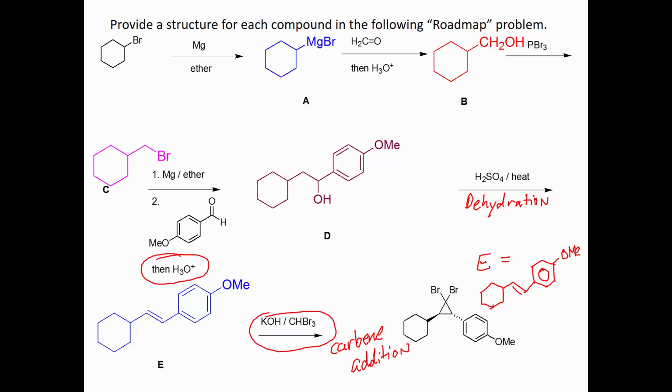I've put H3O+ to conform with the book, but this H3O+ we're using to quench Grignard reactions is very weak. We really need a much stronger acid to cause the dehydration to occur. So this mild acid we're using to quench the Grignard reaction is unlikely to cause the dehydration.